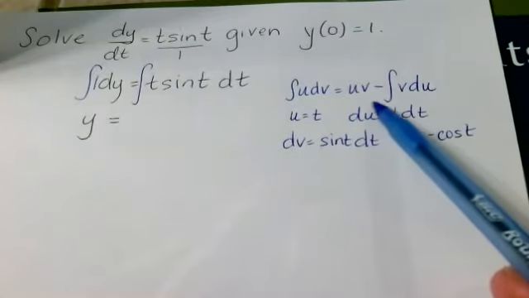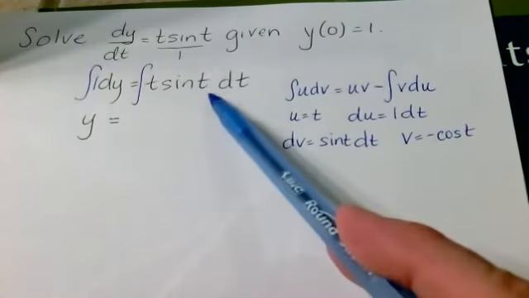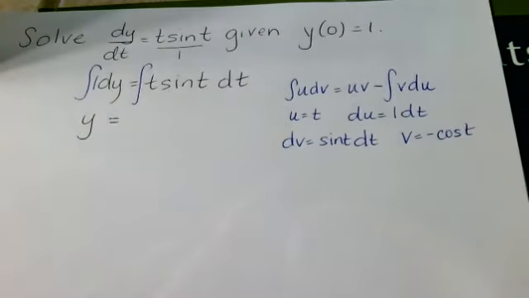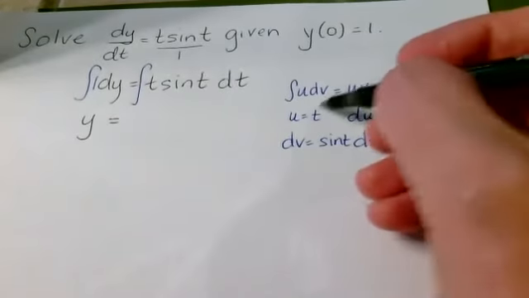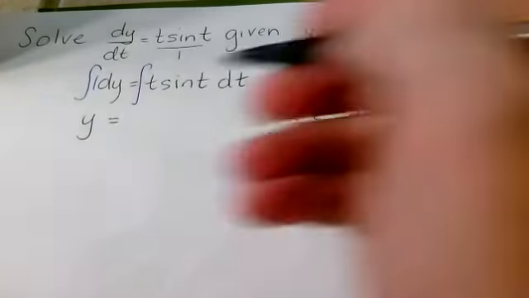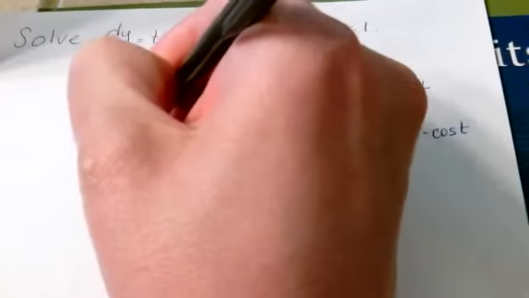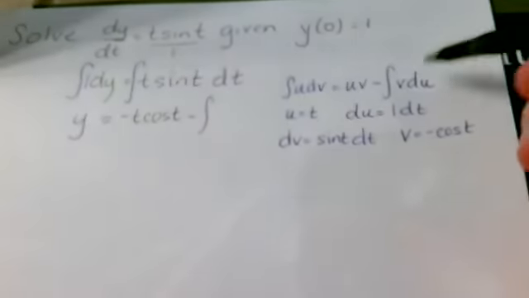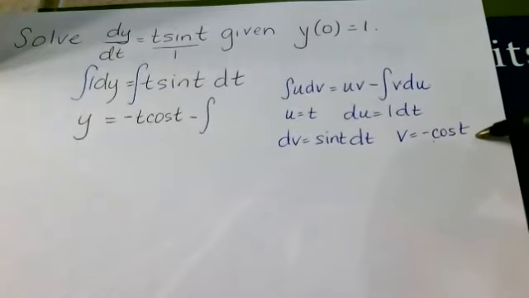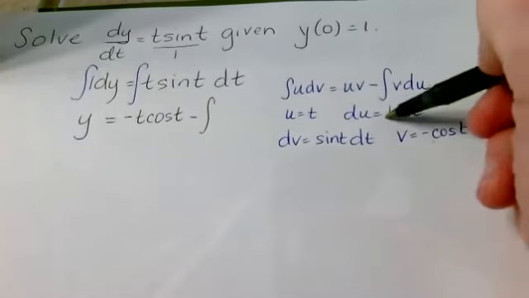Now let's go ahead and replace the integral of t sine of t with uv minus the integral of v du. So u times v, so t times negative cosine of t, minus the integral of v du, so that's my negative cosine of t times 1 dt.